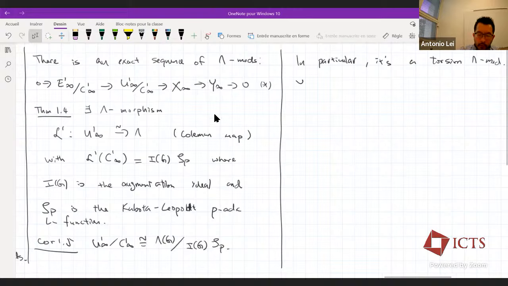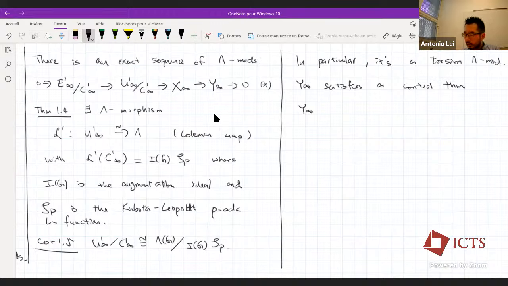That the Y infinity satisfies a control theorem, meaning that when you look at the gamma co-invariants, you will recover what happens downstairs.